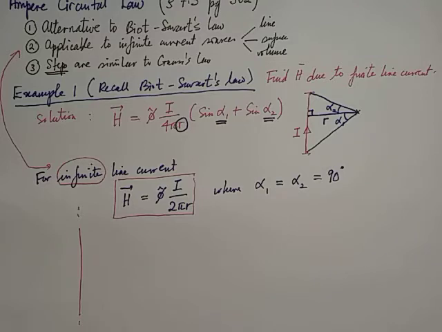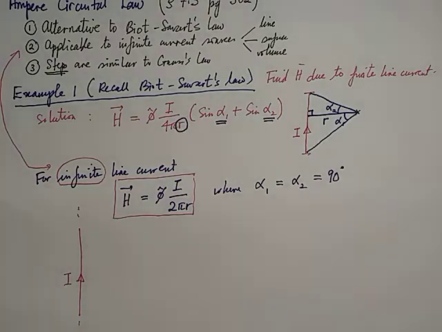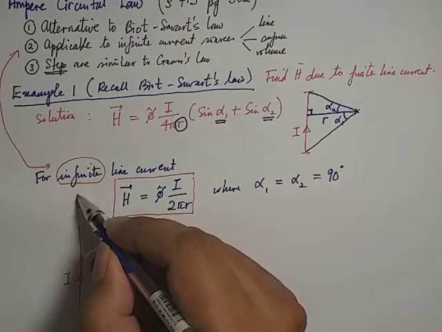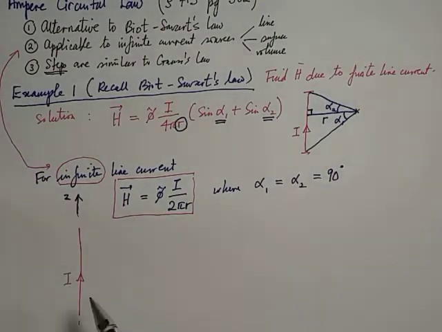Okay, so now I'm going to show the current flow as similar to the one that we shown before, flowing upward. I'm going to add coordinate now just to make our problem a bit easier to follow. So I'm going to set this going to be my z-axis. Okay, this particular axis is our x, and this is going to be our y.